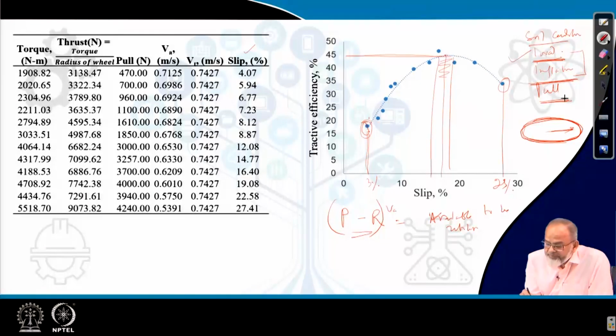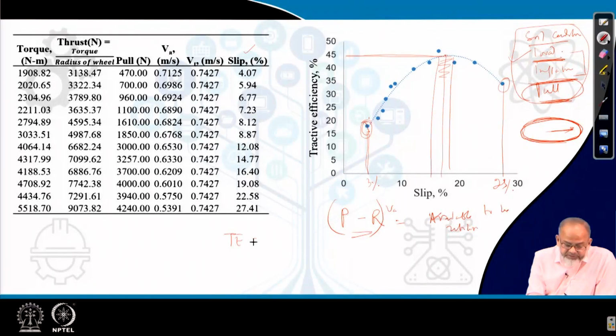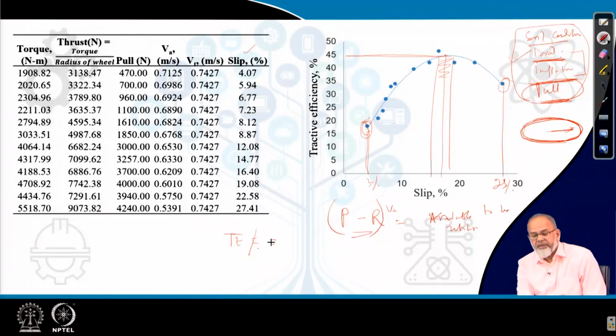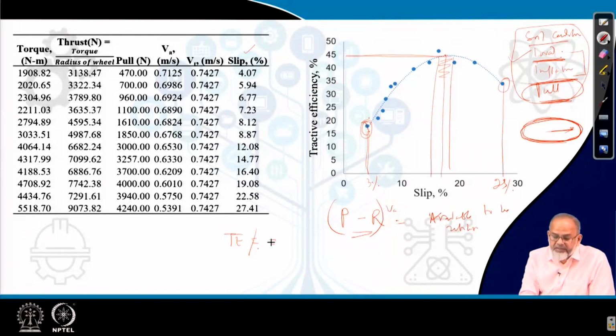Then the fourth parameter is your pull. These are the parameters which will control how much useful power we are going to develop. So we are combining all these parameters and expressing them as tractive efficiency, and this is expressed for a given soil condition, for a given slip.